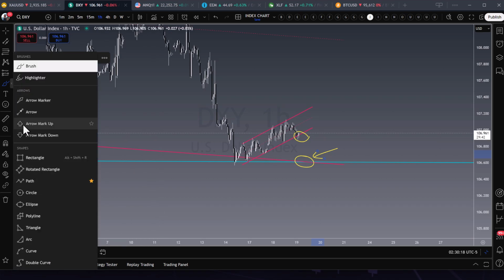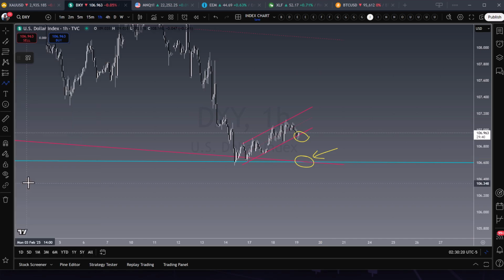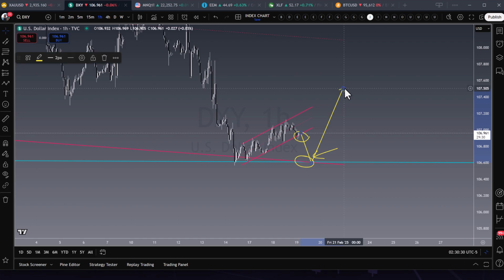So here are the scenarios we're going to look for in the dollar. If dollar does come back down and holds here again, we're going to look at that as a double bottom and then a lift off like so. That's one scenario. The next scenario is we come up, we roll over, we break, we retest, we hold the retest, we move further down.